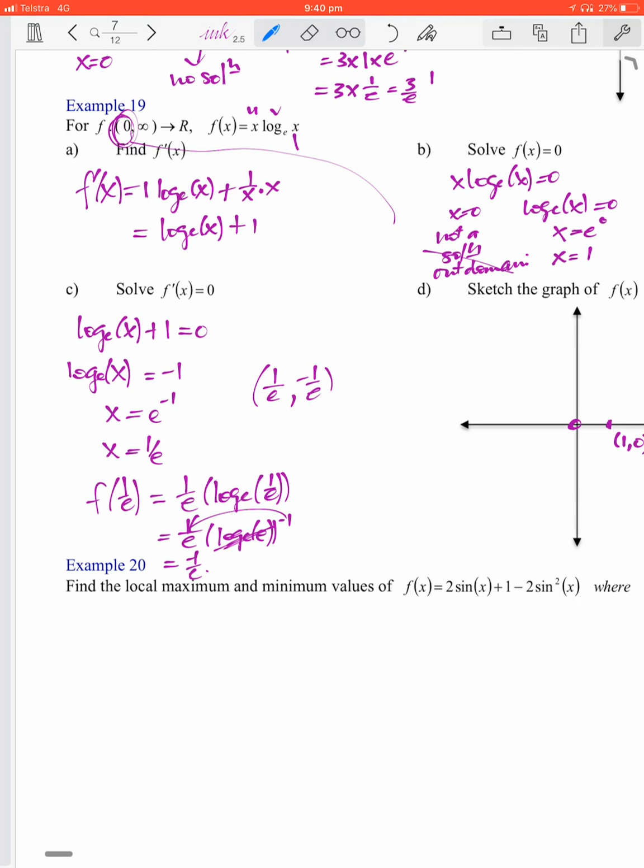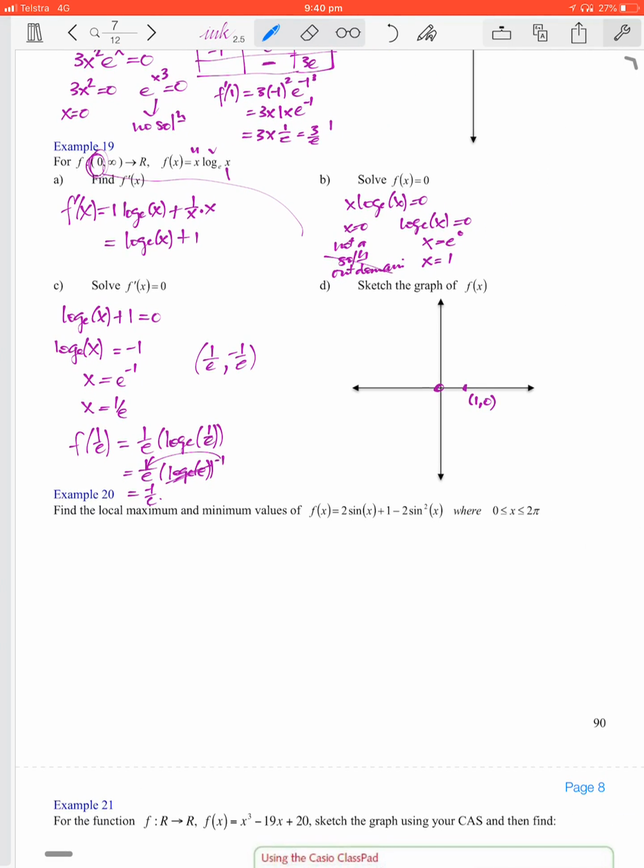Now 1 on e is about 1 on 3, this is approximately, and then negative 1 on 3. So let's go 1 on 3, negative 1/3, so let's say it's there. So that's 1 on e, negative 1 on e.